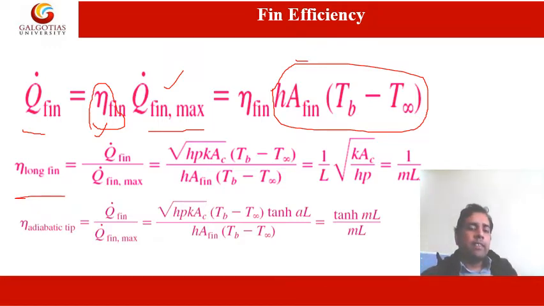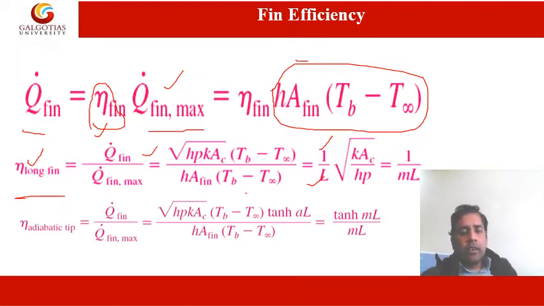For example, for the long fin, if the fin is infinitely long, then the actual heat transfer that we have earlier calculated will be equal to this value: under root HPKAc into TB minus T infinity. And this is the theoretical heat transfer: h into area of the fin into temperature at the base minus temperature of the ambient.